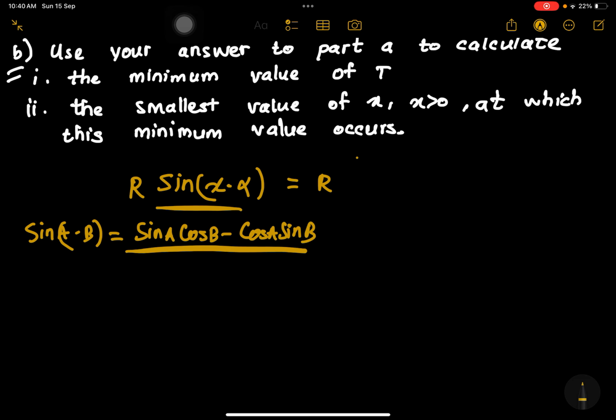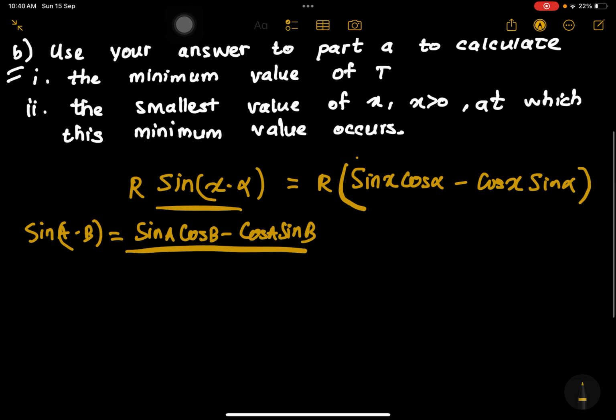In this manner we will write r times sin x cos alpha minus cos x sin alpha. So this is the expansion.